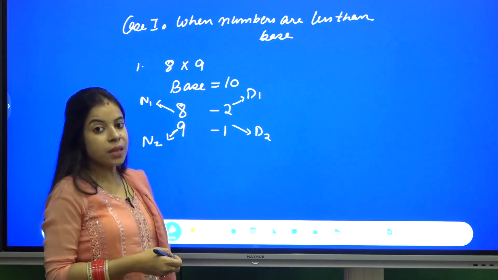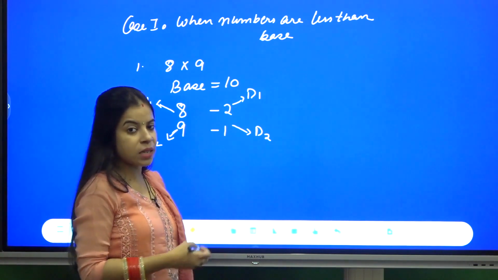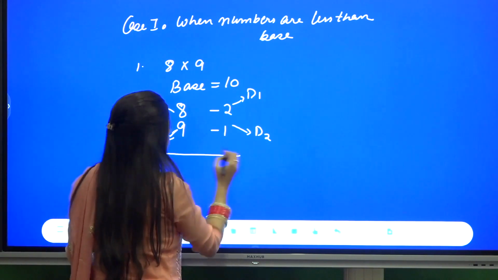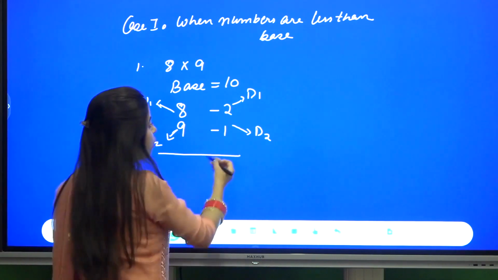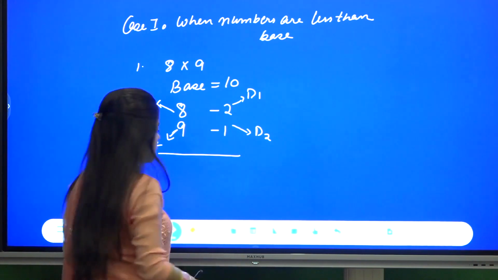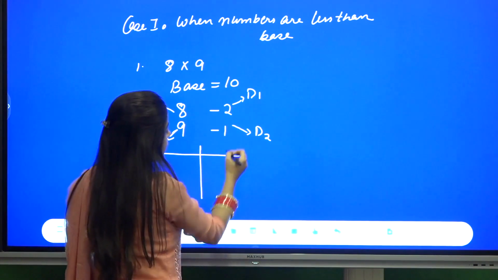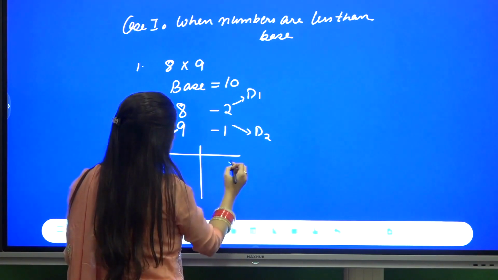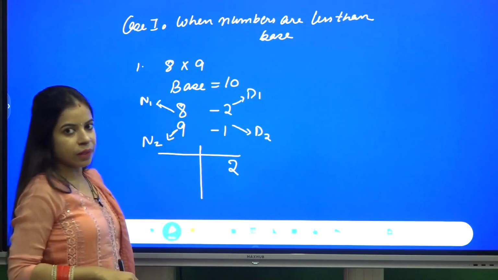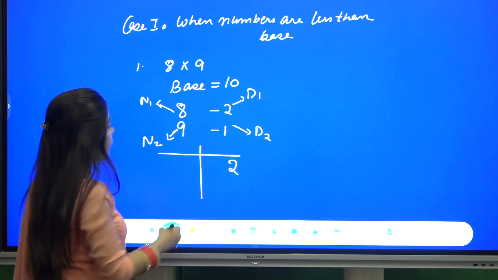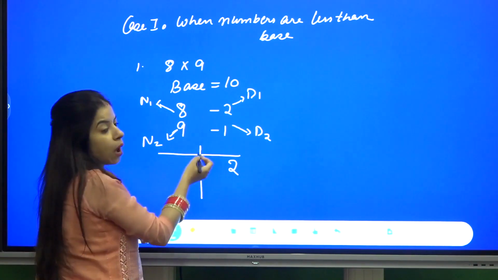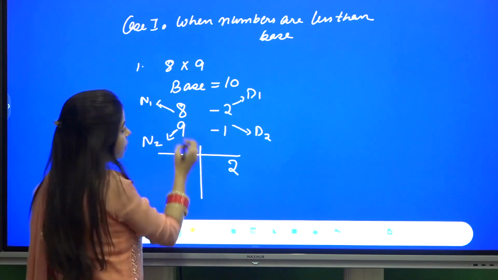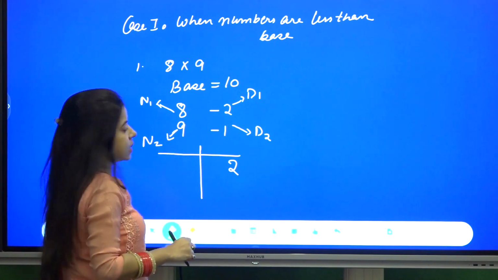Now, the answer will comprise two parts, the left part and the right part. For the right part, we are going to multiply the deviations. So, this will become minus 2 into minus 1, which is plus 2. And for the left part, we are going to add the numbers vertically crosswise.